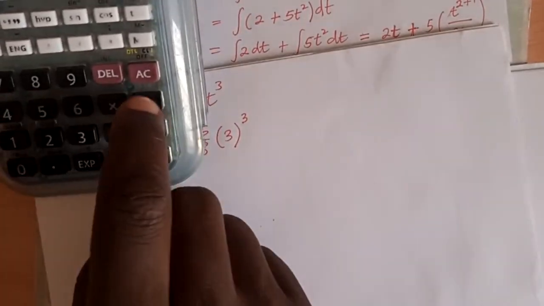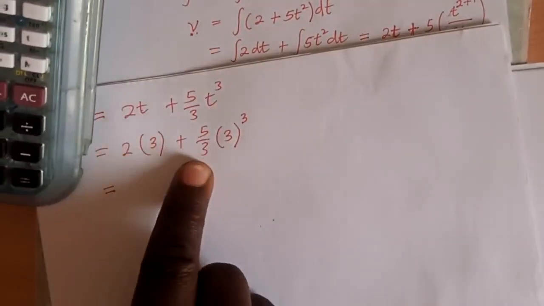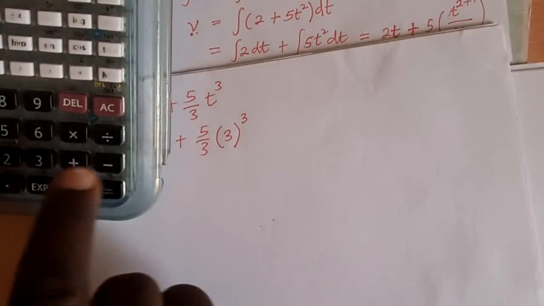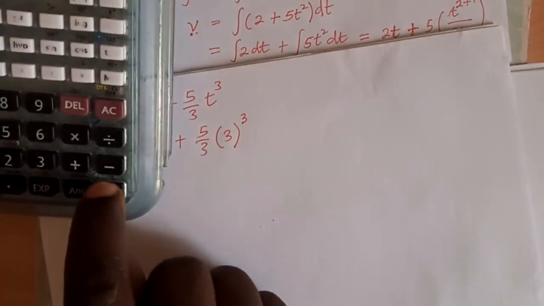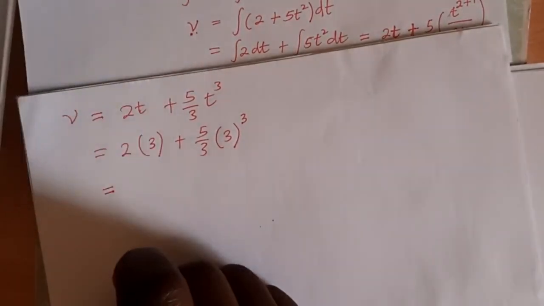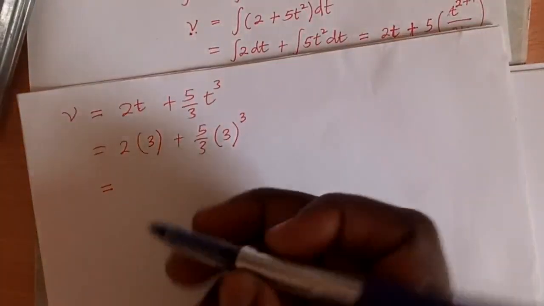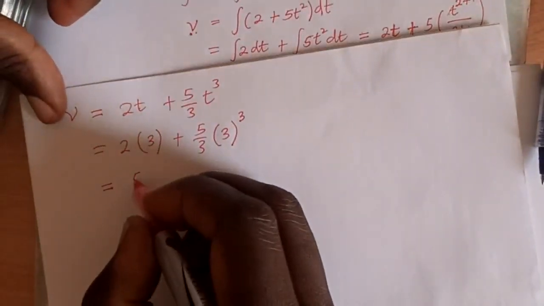Then I divide this by 3, and it will give me the result directly, which is 51. So my result is 51.